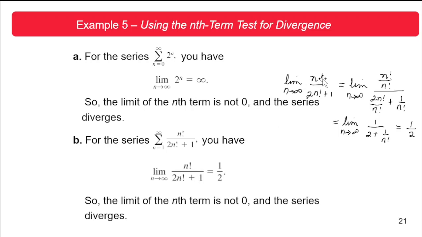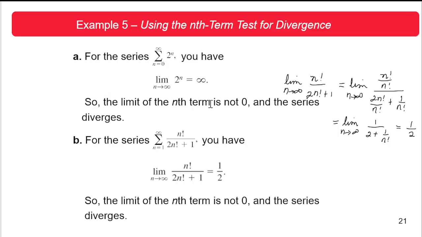So we get n factorial over n factorial, all over 2 n factorial over n factorial plus 1 over n factorial, as n approaches infinity. But n factorial over n factorial is 1, and 2 n factorial over n factorial is 2, plus you have 1 over n factorial. If we replace n here by infinity, 1 over infinity factorial is equal to 0.